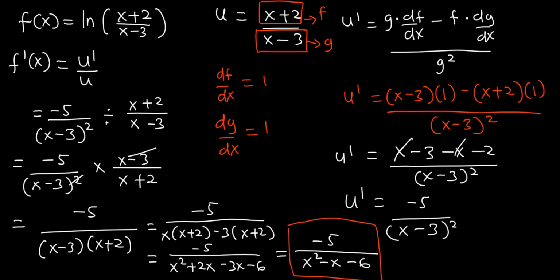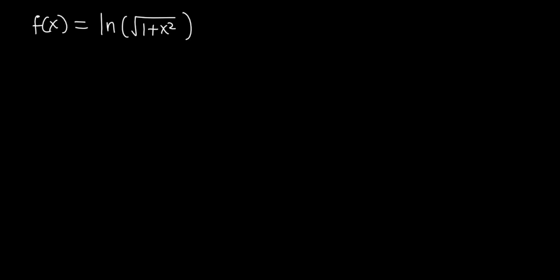Okay, let's try our hands on another example. Okay, so here we go. We have another question here. You have to find the derivative of this function here. From here, we know that u equals the square root of 1 plus x squared. So I'll rewrite u in this form: that will be (1 plus x squared) to the power half.